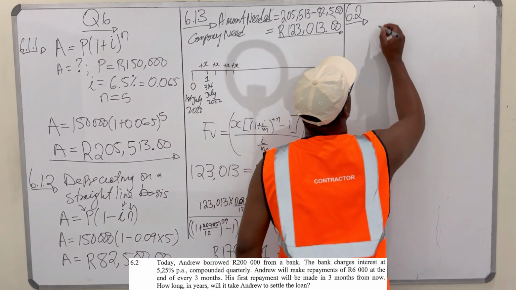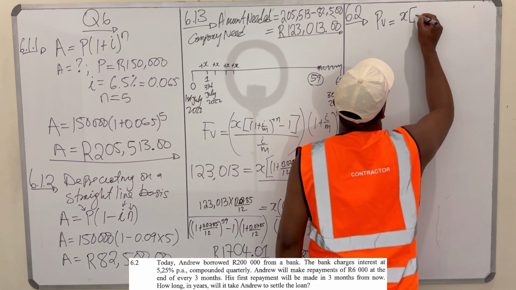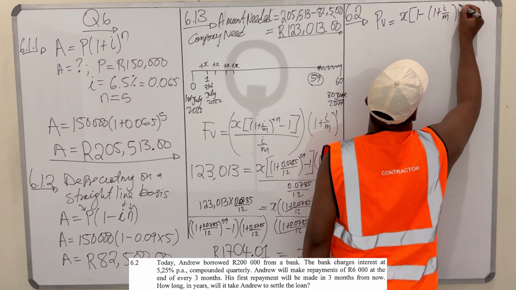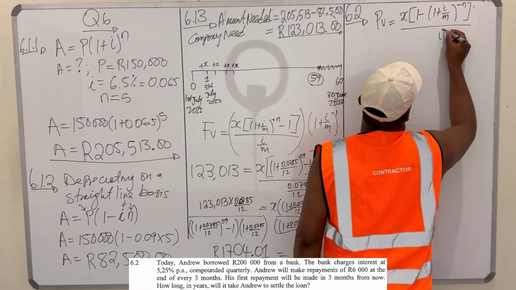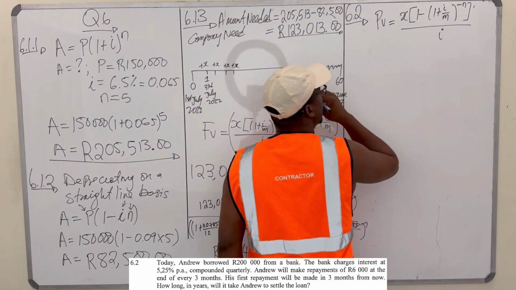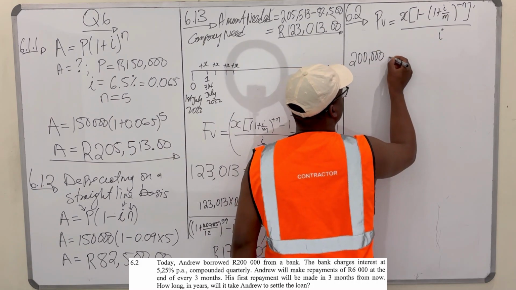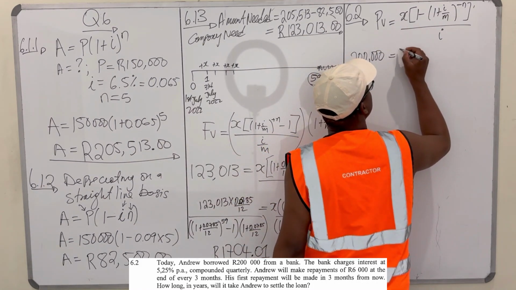So okay, the present value formula: 1 minus 1 plus i over m raised negative n, all over i. So the present value is the amount that our friend borrowed, which is 200,000, is equal to how much will he be paying monthly? 6,000, right?